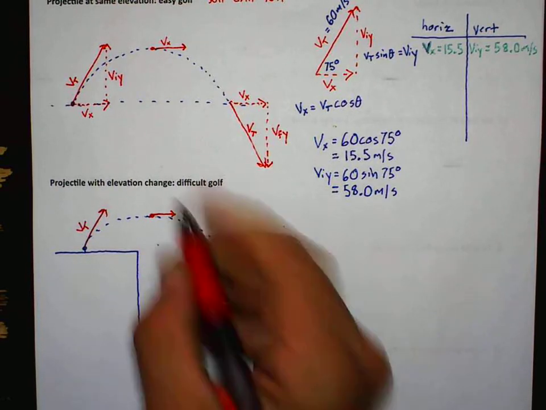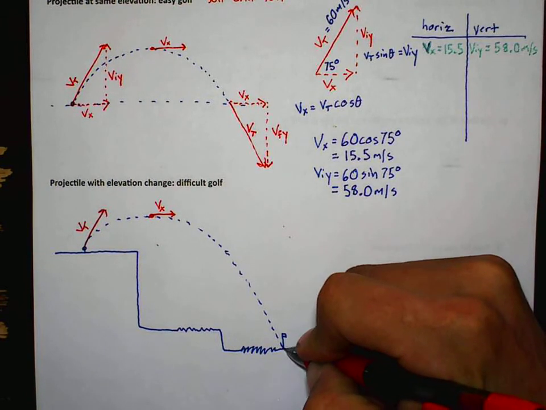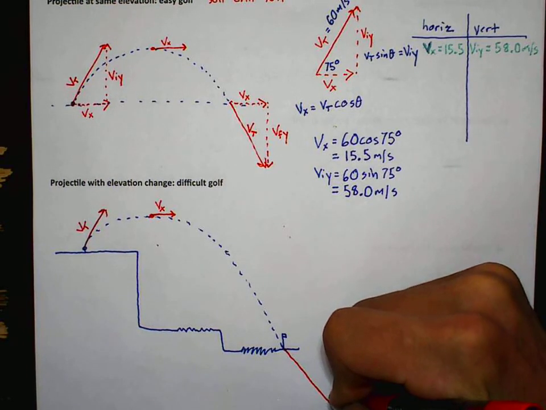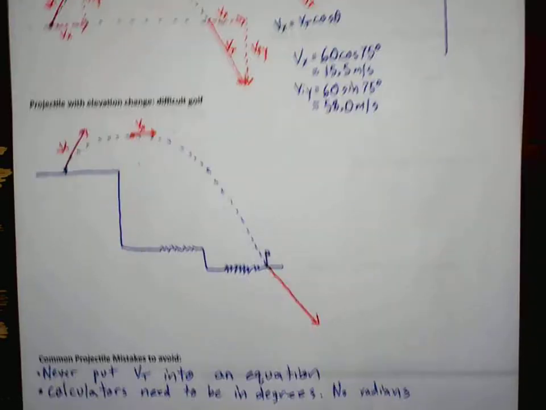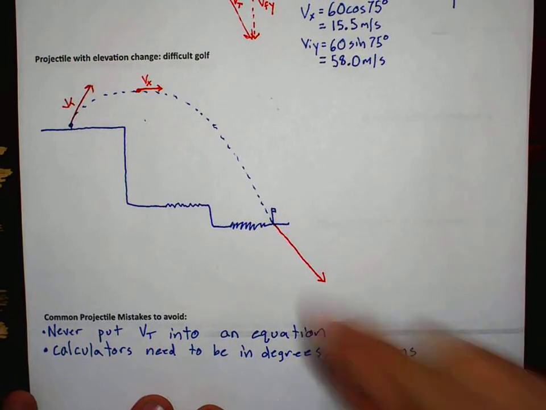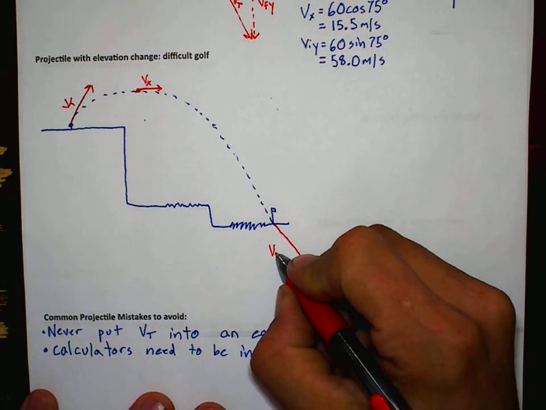And down here, it's going to hit kind of like that. I'm going to draw this vector longer. The length you draw your arrows tells a bigger value. We might call this V final. And it hits with an angle and stuff.